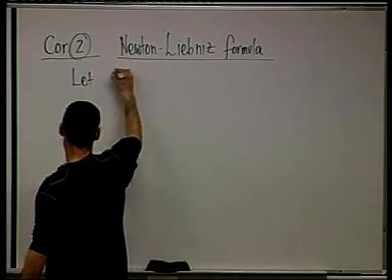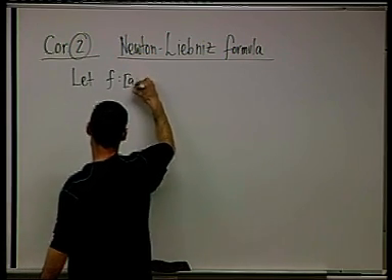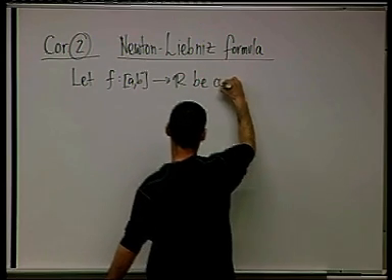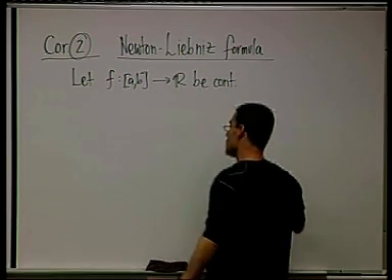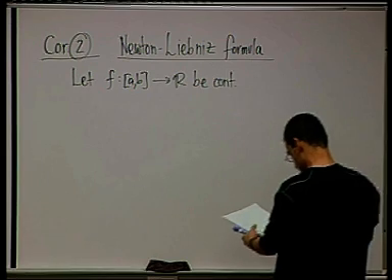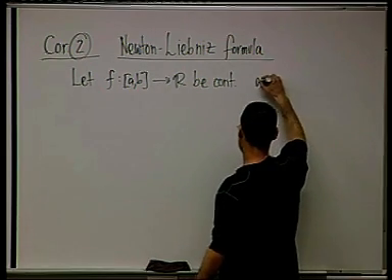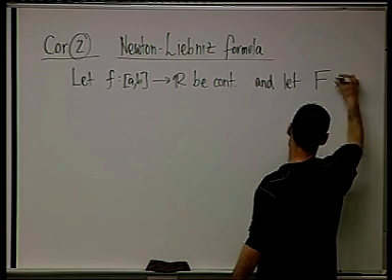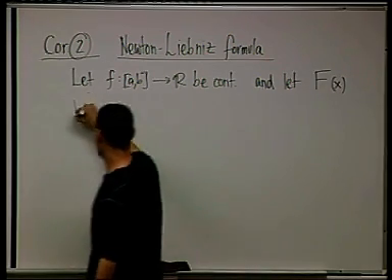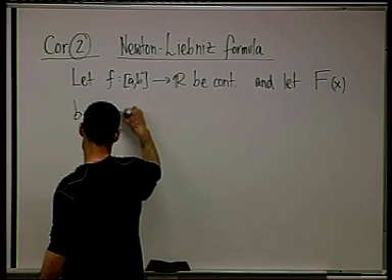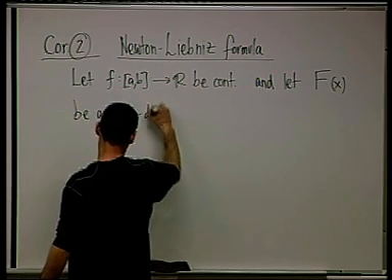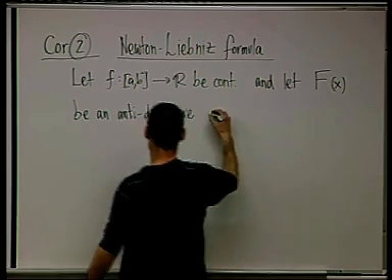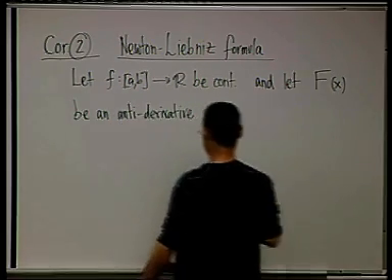Let f from [a,b] to R be continuous. You can relax these conditions a bit. And let big F be an antiderivative of little f.